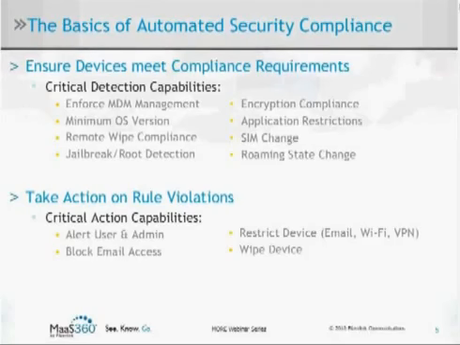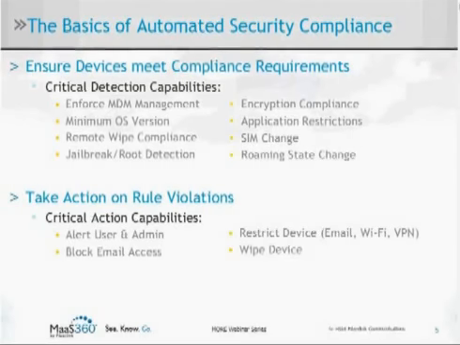We'll touch on that a bit in the use case section also. And more event-based items such as SIM card changes, which could be a way for users to circumvent security policies, or roaming state changes, which is more of an expense management item. But you want to make sure that at the very least, the solutions you look at can meet and can identify some of these criteria we talked about.